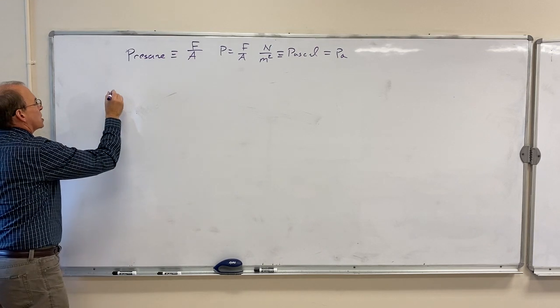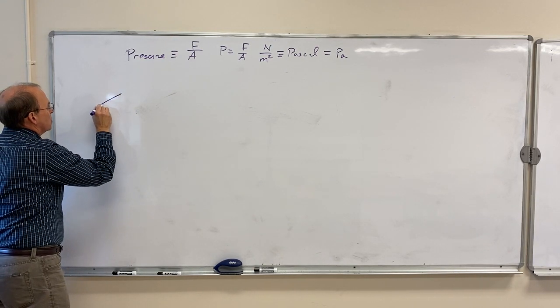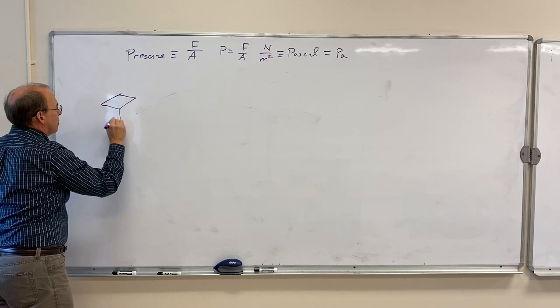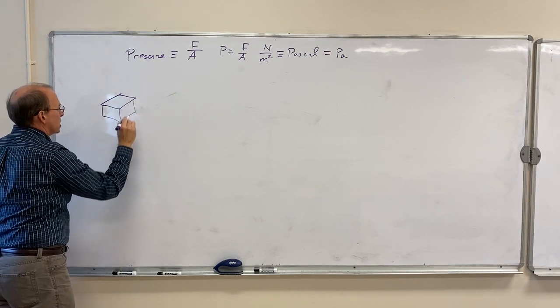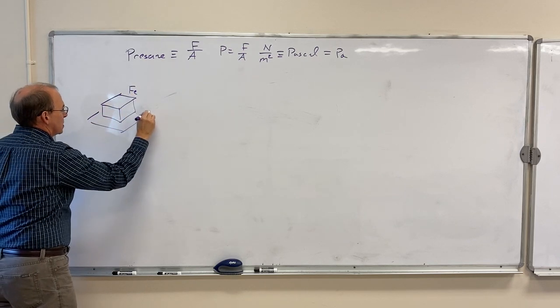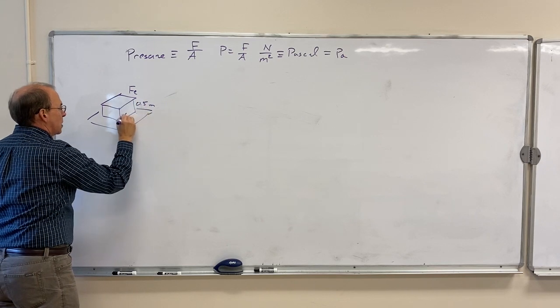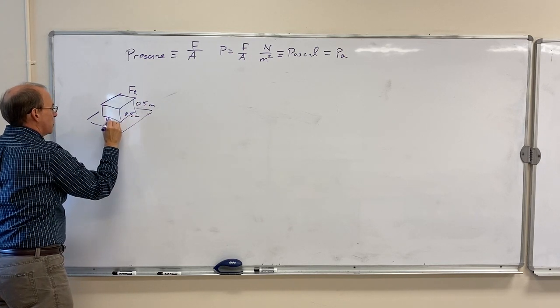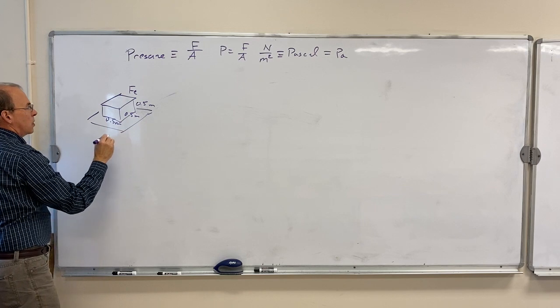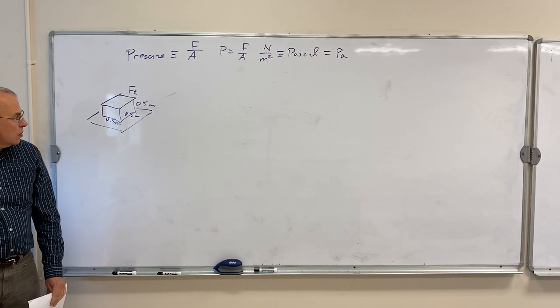So suppose, for example, that I want to calculate the pressure due to a cube of iron sitting on a table. So this is iron, and it's sitting on some table, and it's 0.5 meters by 0.5 meters by 0.5 meters, and I want to know the pressure that this iron pushes down on the table.